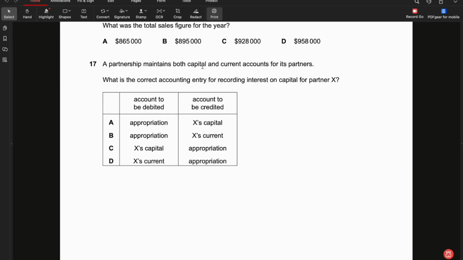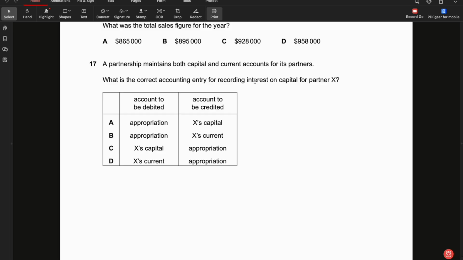Okay, now all the appropriation of the profit would be recorded in my current account. Drawings, interest on drawings, and all the appropriation profit like interest, salary, then share of profit, everything will be recorded in my current account. Okay, so we can say our current account is another form of capital account. So if it is a capital account, then this also has credit balance.